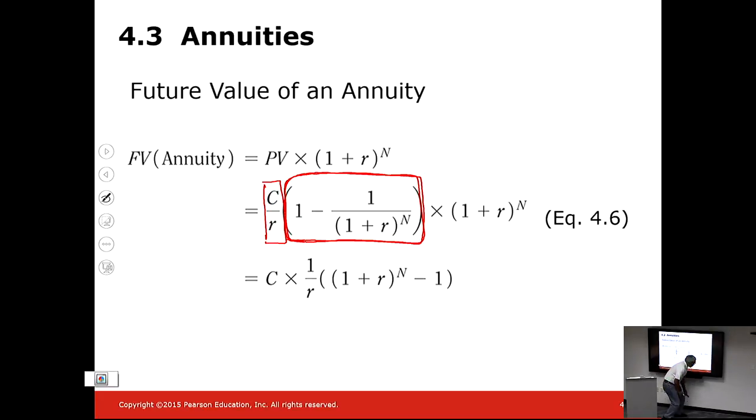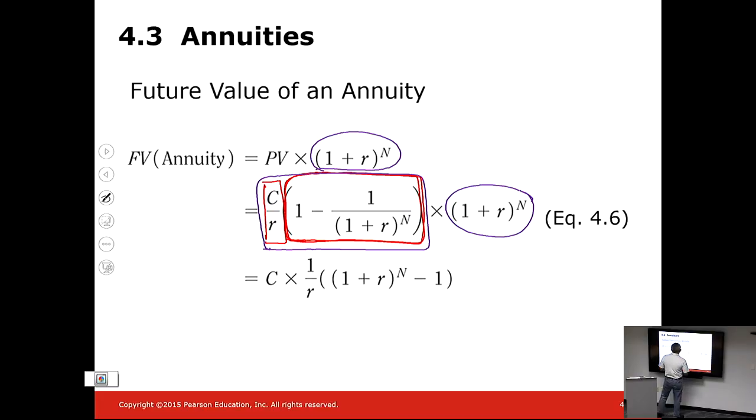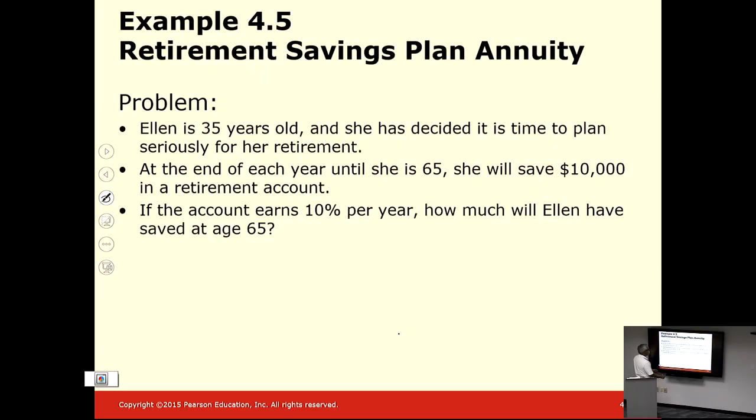To take the future value of this stream of cash flows, I am treating this whole thing as the present value, and then I simply multiply that by (1 + r)^n. Simplifying with a little algebra, this comes out to C over r, which is the present value of the perpetuity if you remember, multiplied by the factor (1 + r)^n minus 1. Or I could simply use the financial calculator.